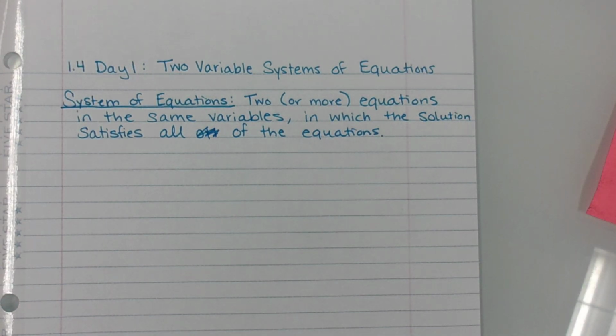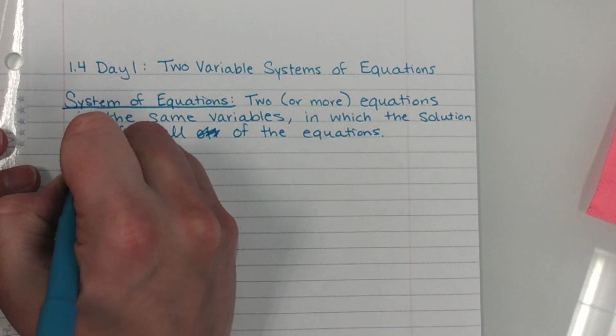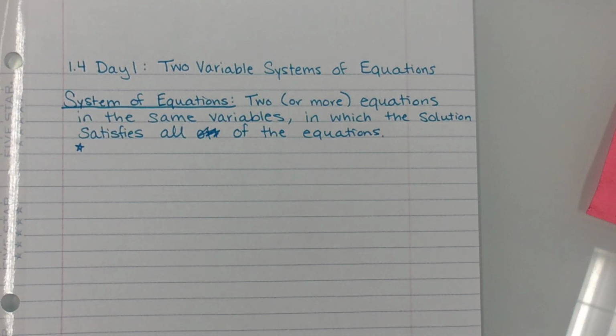So, not one equation, 2 or more equations. Specifically, again, we're going to be focusing on 2 today. We focus in on 2 equations when we're working with 2 variables because the only way you can solve an equation is if the number of variables in said equation matches at minimum the number of equations given.